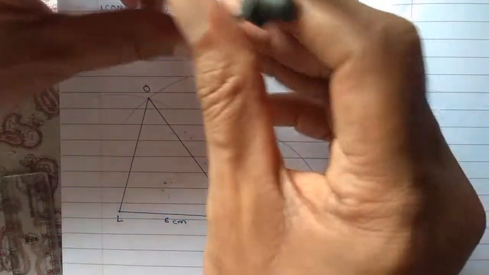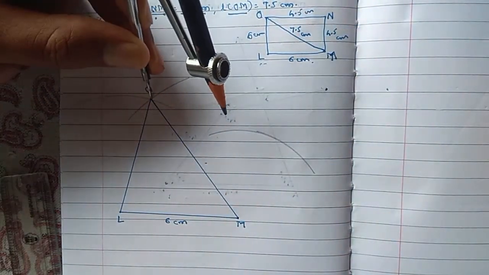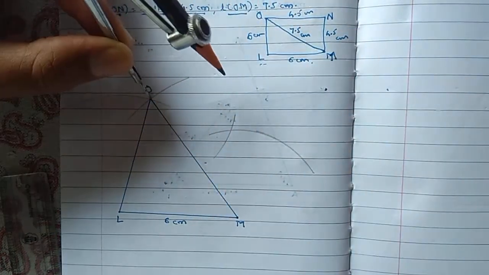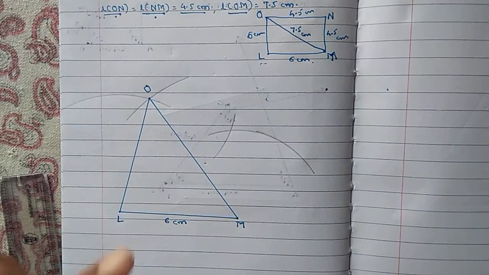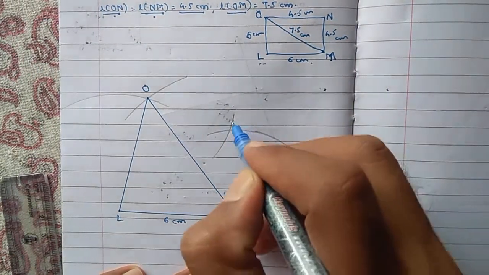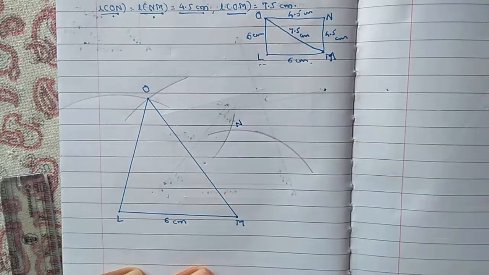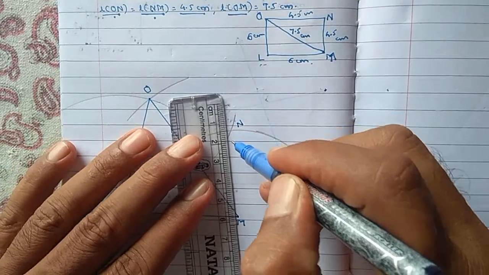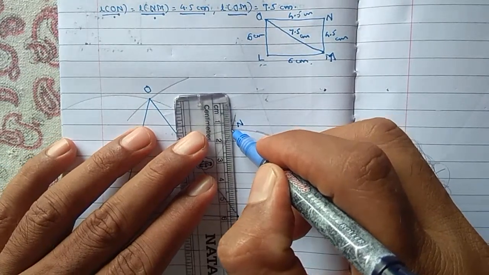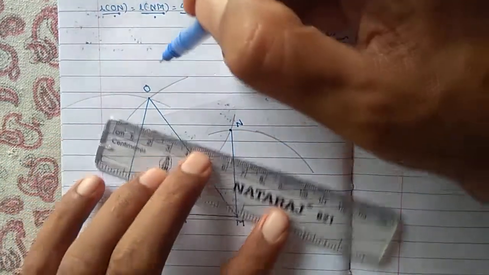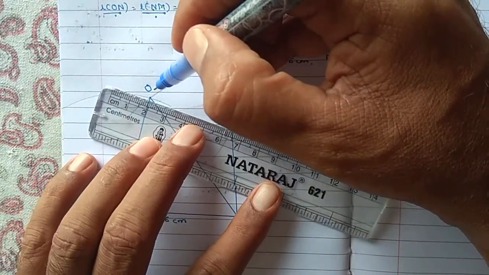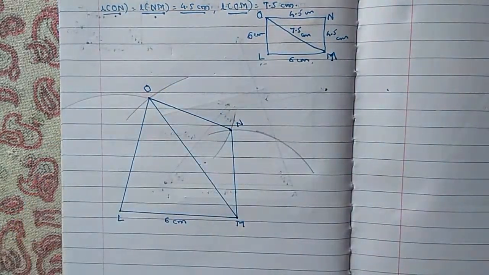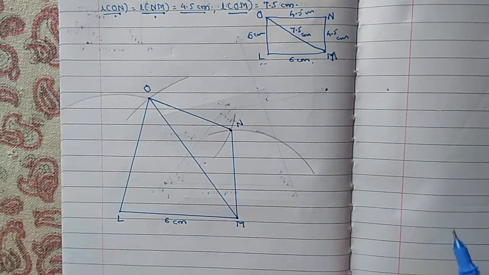And then from the point O also, how much distance do we have to take? 4.5 centimeter distance. What is the meaning of this intersection? It is nothing but the point N. Then let us join the sides NM and then ON. Our construction is over.